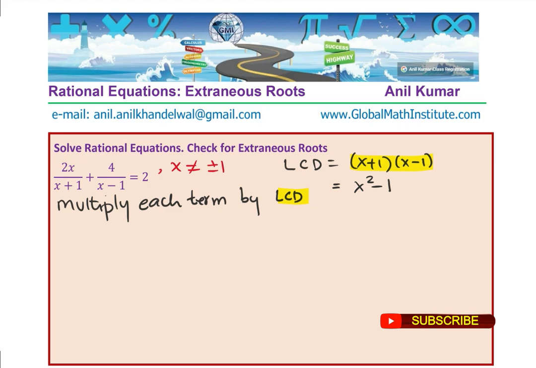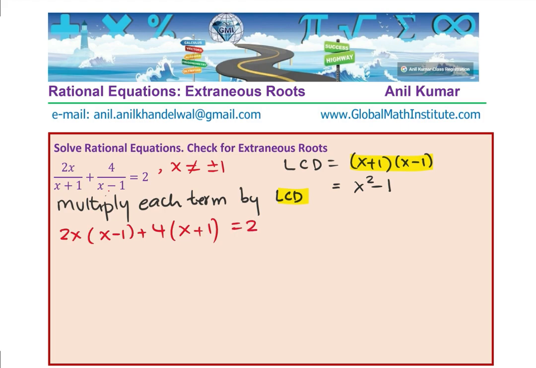When you do that, you get 2x times x minus 1 plus 4 times x plus 1, correct? Because x minus 1 in the denominator cancels with the numerator x minus 1, equals 2 times x plus 1 times x minus 1, correct?